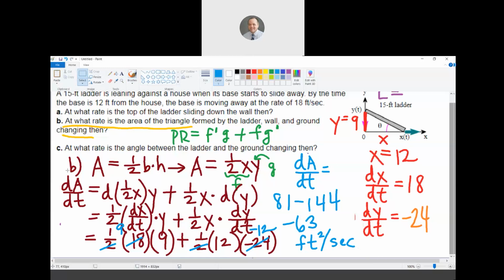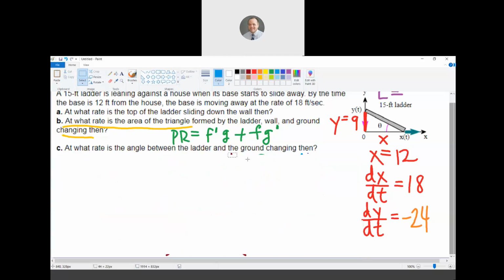Part C, let's figure it out. Part C, at what rate is the angle theta between the ladder and the ground changing then? All right, so the angle between the ladder and the ground is represented by theta in our picture.